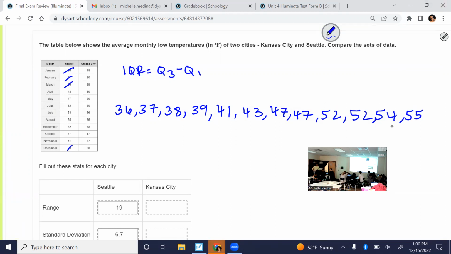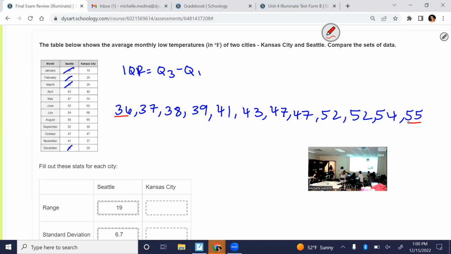So then before you find your Q3 or Q1, you have to find what? Davin, before you find Q3 or Q1, what would you have to find? The median of the whole thing. Good.